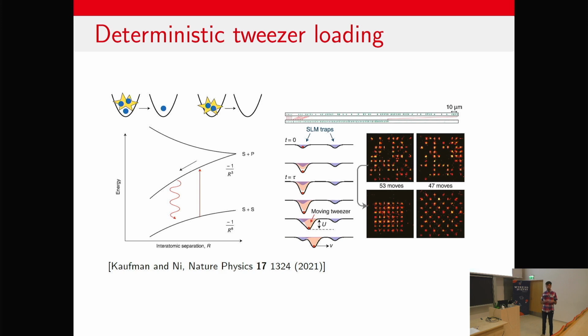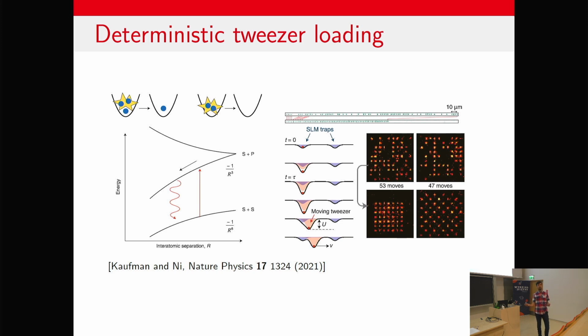Now, if you want to do that, you of course need to do this loading. This is typically done by overlapping your tweezer with a gas of molecules that you can laser cool, so that you can dissipate energy and trap these molecules in this conservative trapping potential. Then you try to load, and you look at the fluorescence from these molecules to see if there are molecules in your tweezer.